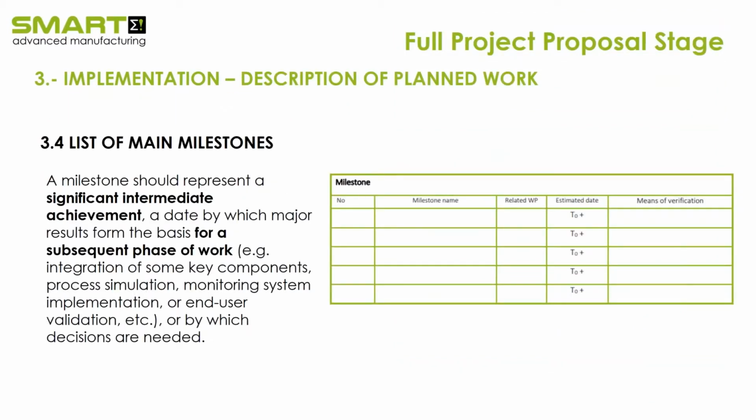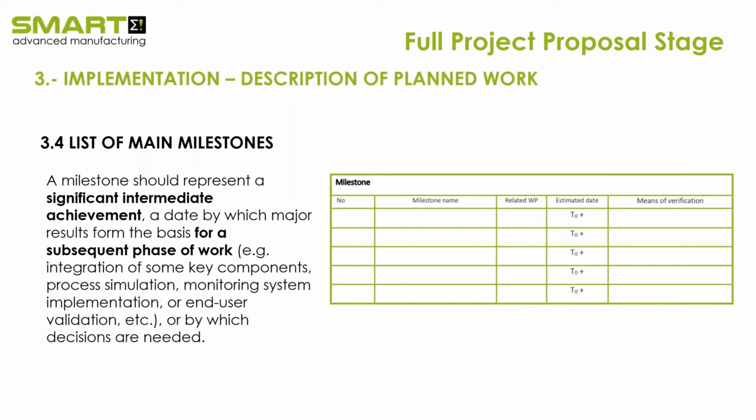After the work package descriptions, there is even a table describing the milestones. As I was mentioning, a milestone should represent a significant intermediate achievement, a date by which major results have been obtained, a subsequent phase for the work, integration of components, process simulation, monitoring. It could be any particular aspect you have achieved in your project that helps us track if the project is evolving in the right way.